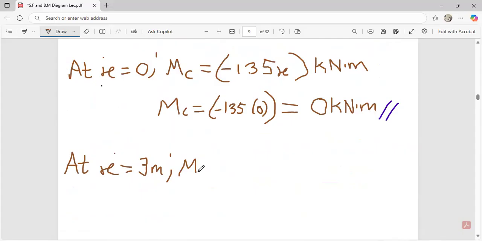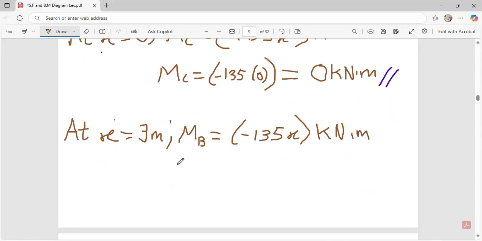My moment at B is equal to minus 135x. Here was kilonewton per meter.